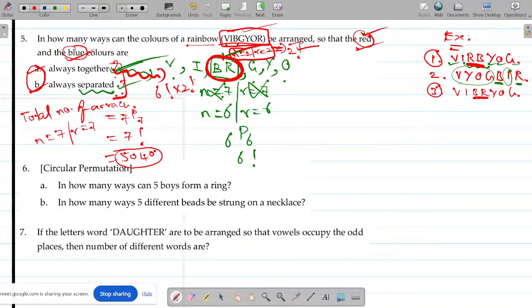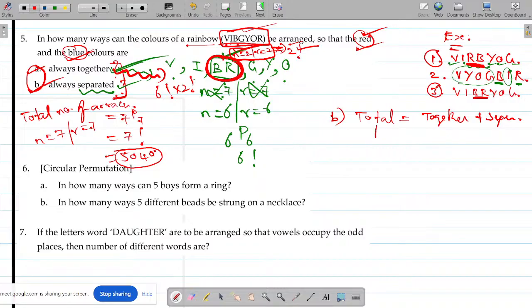Okay. Let me finish off the second option also. The second subdivision, B: always separated. See, when I talk about the total number of arrangements, red and blue are either together or separated. So the together case plus the separated case gives the total number of arrangements.